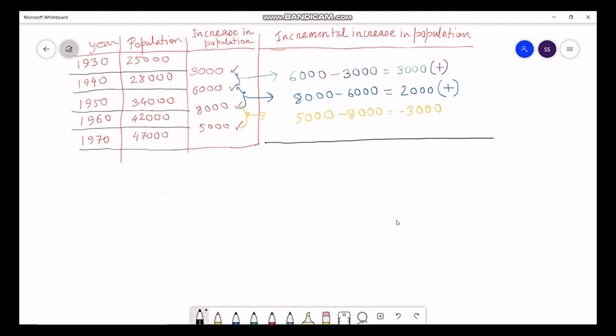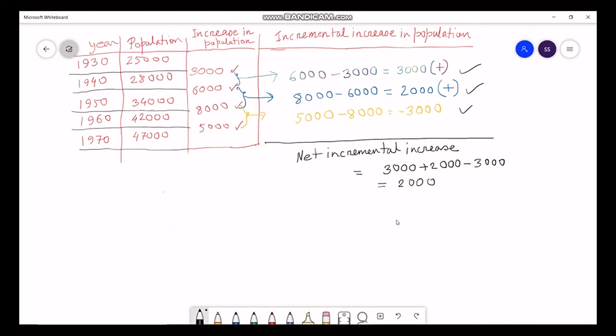So the net incremental increase is equal to 3000 plus 2000 minus 3000, as we can get from here. So we have 2000.